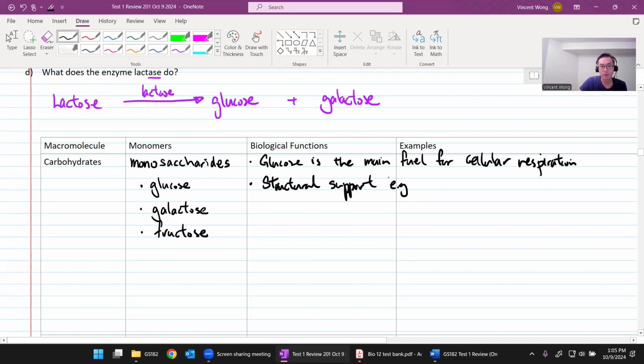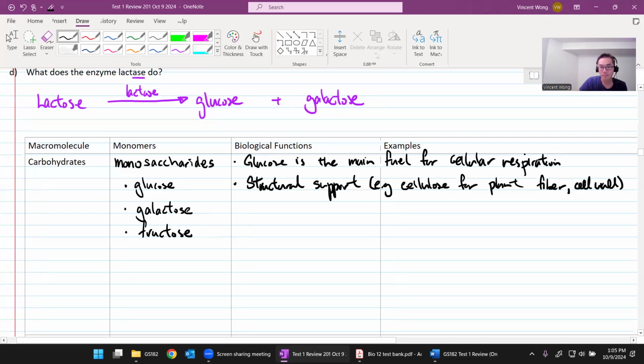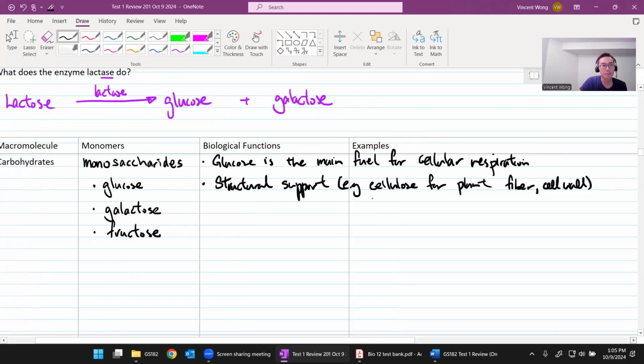And the example we have would be cellulose for plant fiber and cell wall. Energy storage like glycogen and starch, very good. That's the next one.